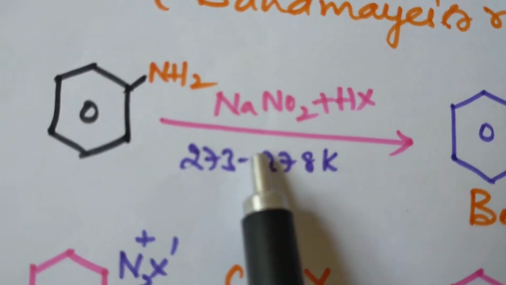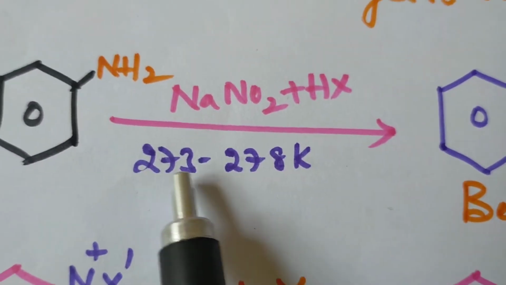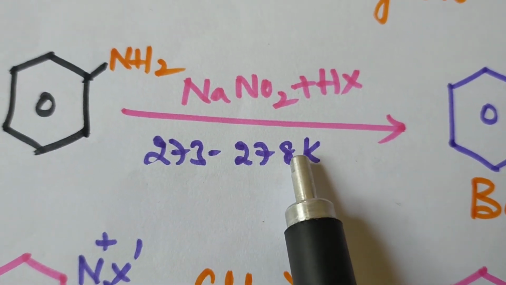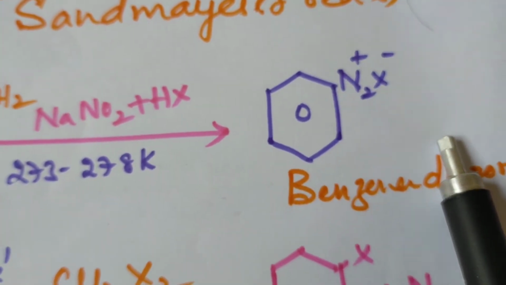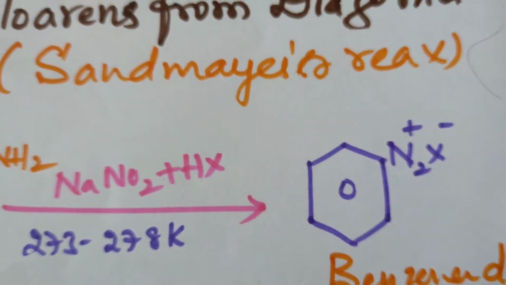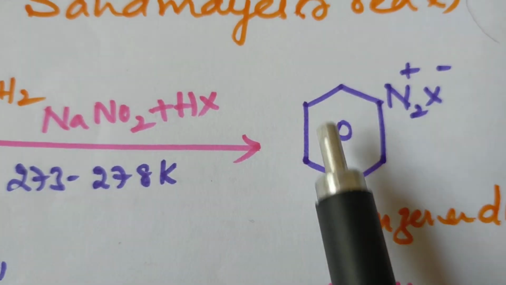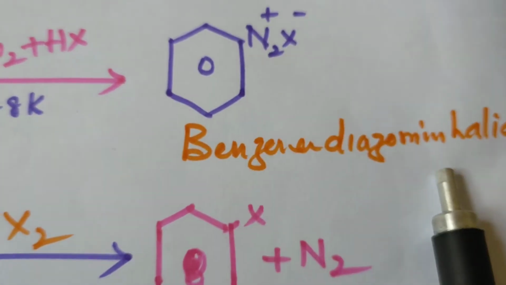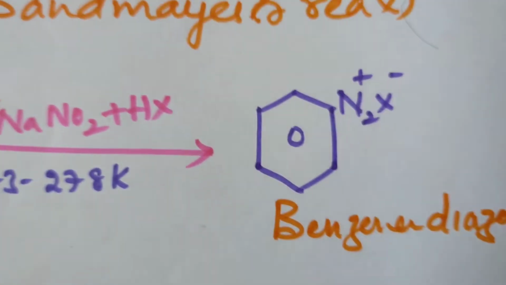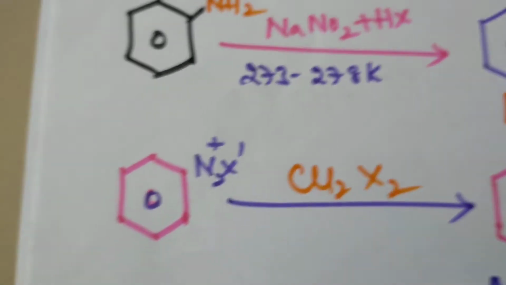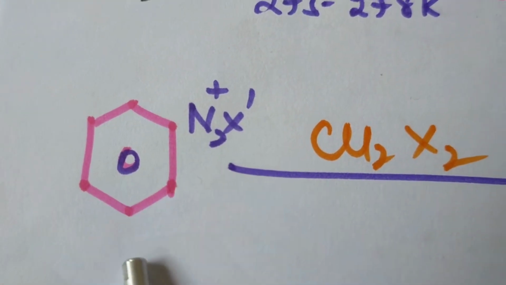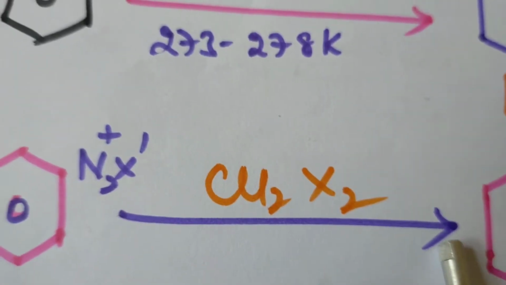When aniline is treated with sodium nitrite at a temperature of 273 to 278 Kelvin along with hydrohalic acid, it forms a salt, a substituted compound: benzene diazonium halide. If you take chlorine, it is benzene diazonium chloride; with bromine, benzene diazonium bromide. This is a benzene diazonium salt. Then the benzene diazonium salt is treated with cuprous halide.